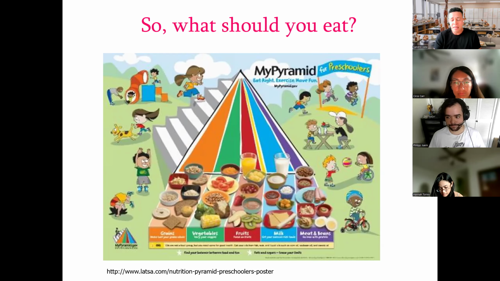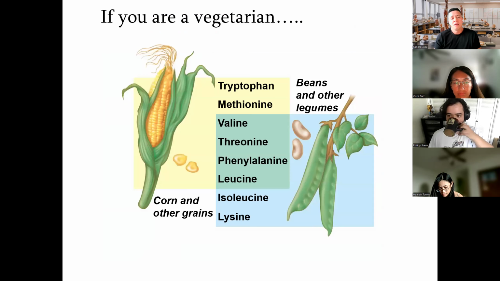So if you do eat animal products, that's not going to be any issue at all for you to be able to get all the essential amino acids that you need to make the proteins. But if you don't eat animal products, if you don't drink milk, if you don't eat eggs, if you don't eat any meat, then you need to be very careful in your diet in order to be able to get what we call the eight essential amino acids.